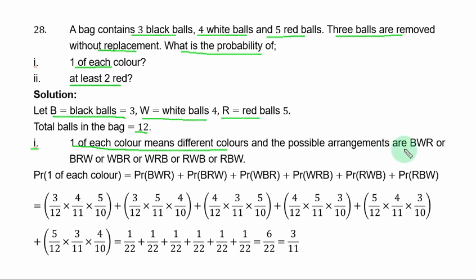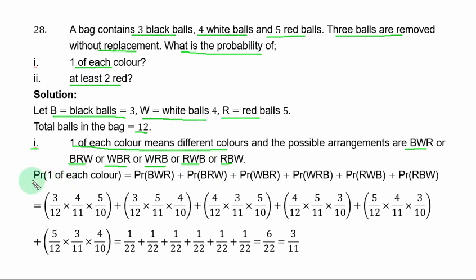You can have black, white, red, or black, red, white, or white, black, red, or white, red, black, or red, white, black, or red, black, white. So you have these possibilities.